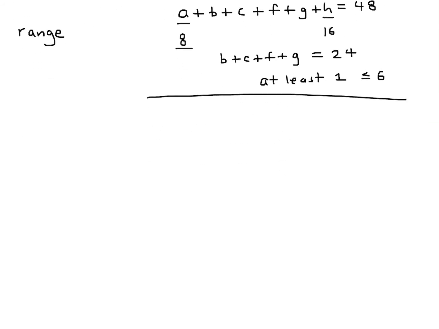Let's try 7 for A, and therefore H would be 8 more than that, which is 15. All right? If we do that, our remaining integers will be equal to 48 minus 7 minus 15, which is 26.